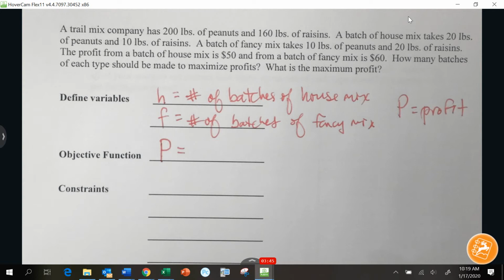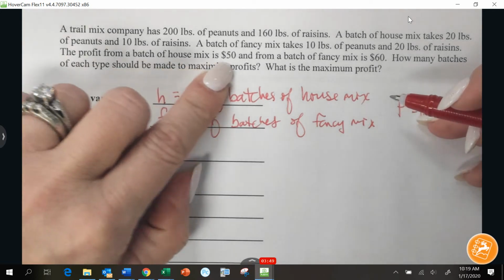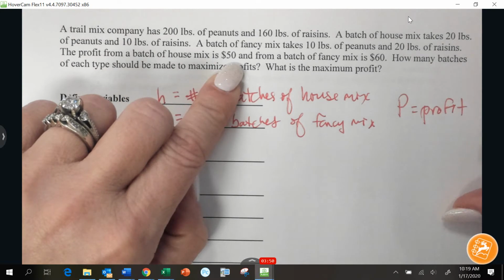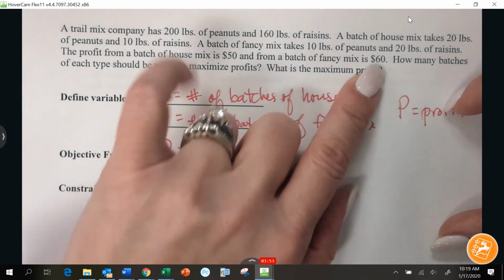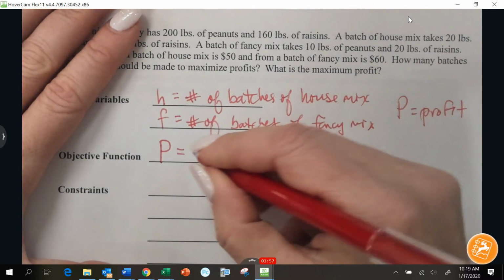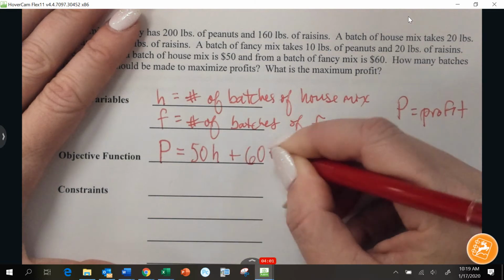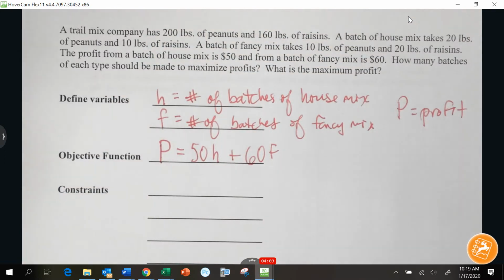Here it is, the profit from a batch of house mix is $50 and from a batch of fancy mix is $60. 50H plus 60F. That's how I'm making my profit. So that is the objective function.